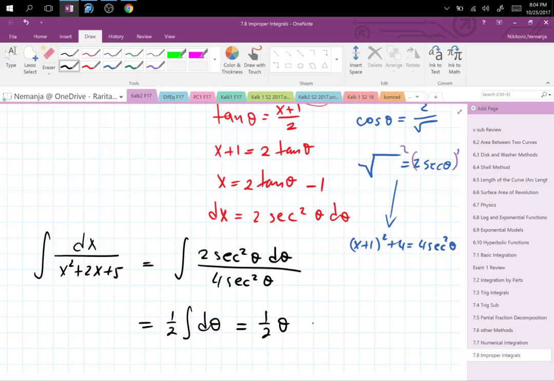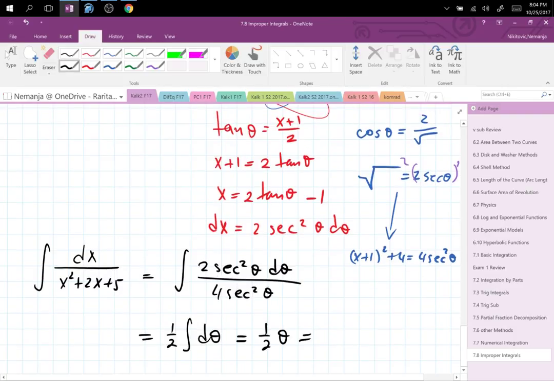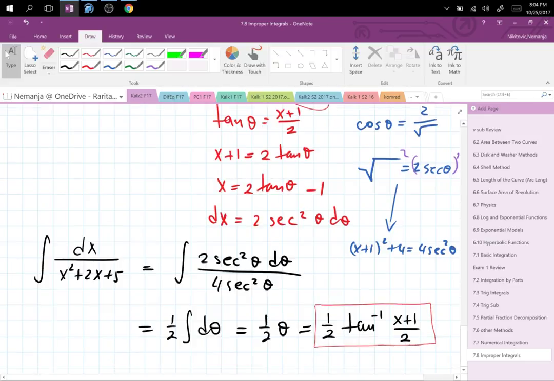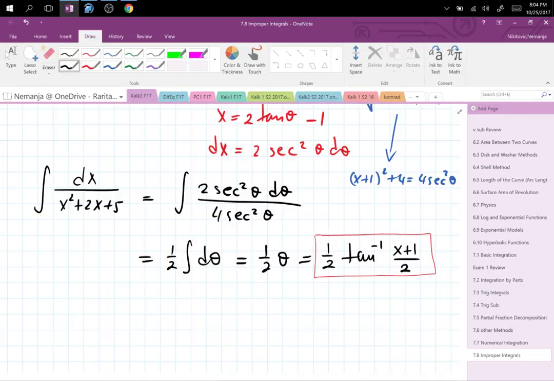So 1/2 theta, and the theta can be inverse tangent up there. So 1/2 inverse tangent of x plus 1 over 2. This is the value of our integral that we are going to plug into our limits.